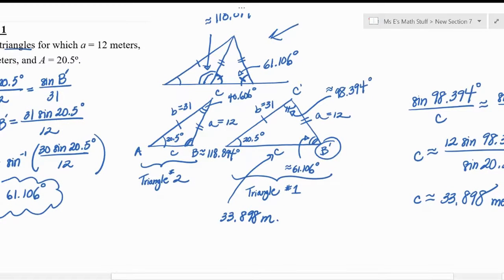And then for this triangle 2, all you'd have to do is solve for side length C. So a little law of sines for that. So sine of 40.606 over side length C would be approximately equal to, since that angle is a little rounded, sine of 20.5 degrees over 12. Yeah. All right, cross multiply and divide.